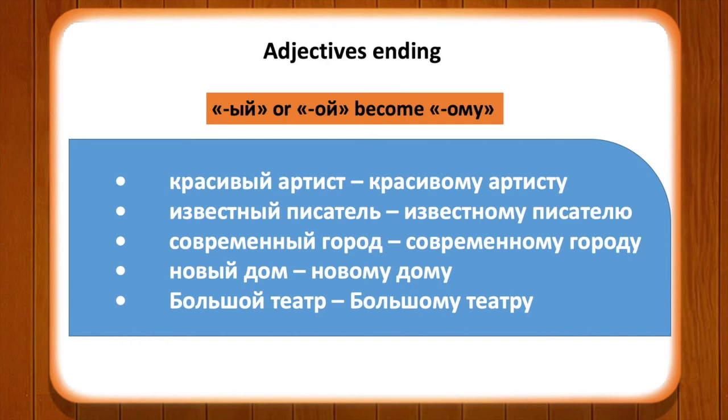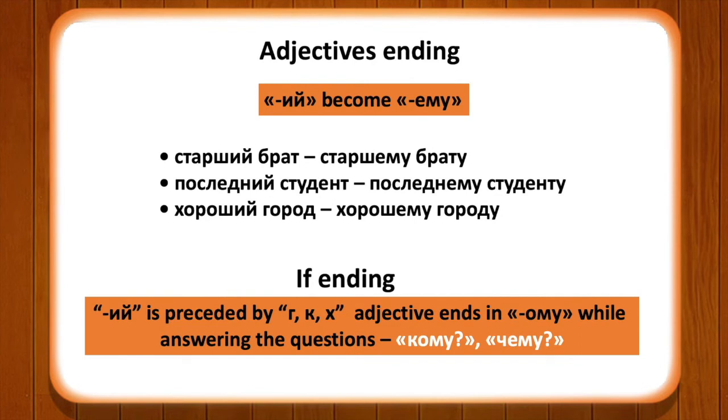Now, let's pay attention to a few more such adjectives which end with ий. Any adjective which ends with ий changes into ему. Like старший брат, старшему брату, последний студент, последнему студенту, хороший город, хорошему городу.